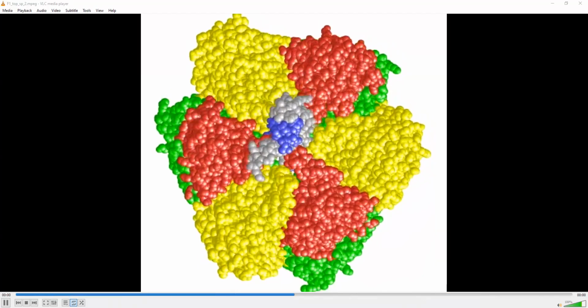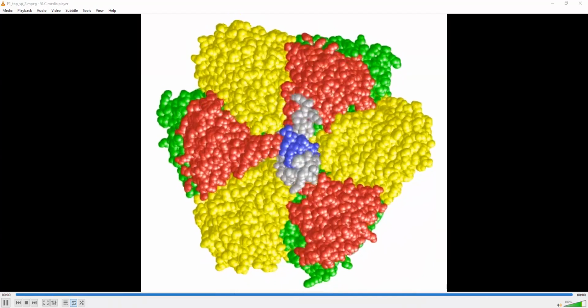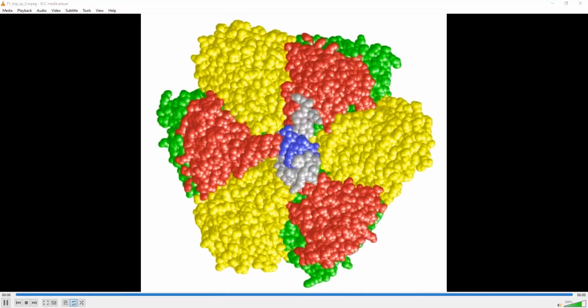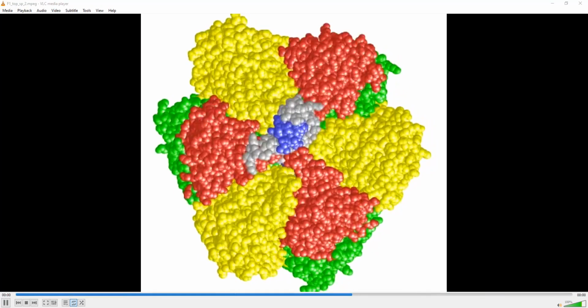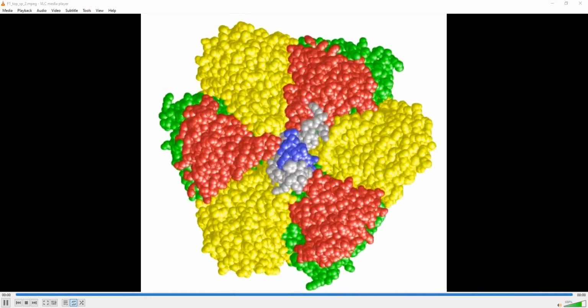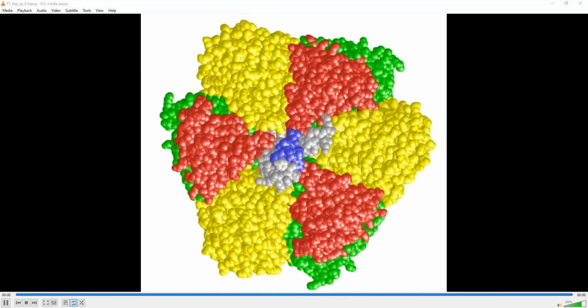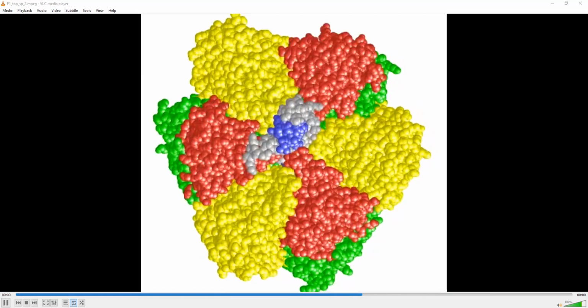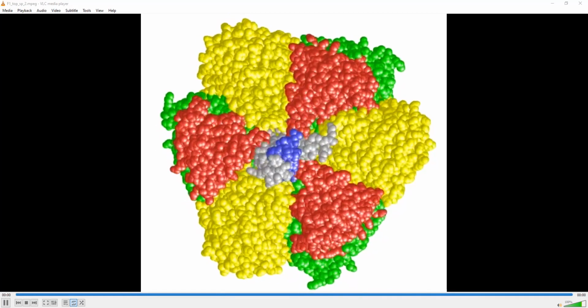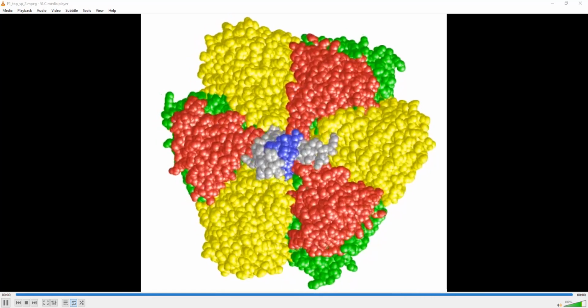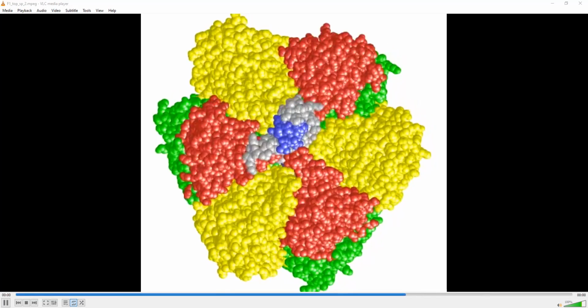I know that this is a complex molecular machine, but think about it this way. Let's say that I gave you some balls and sticks to build these molecules, and we know that you guys can build these from a chemistry model set. So let's say that I gave you a molecule of ADP, and I gave you a phosphate. How would you put it together?